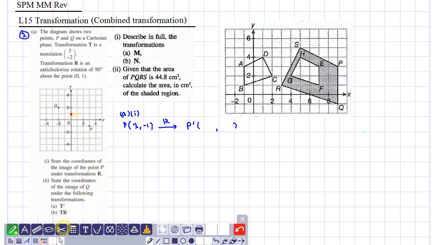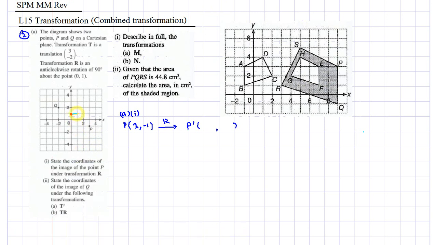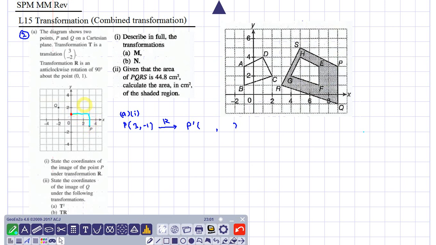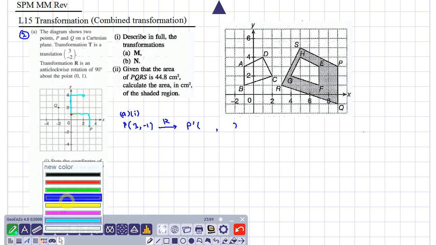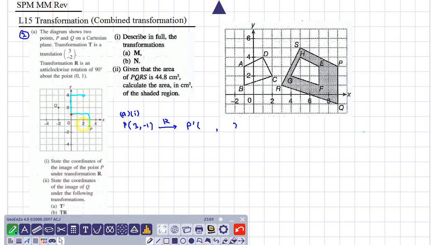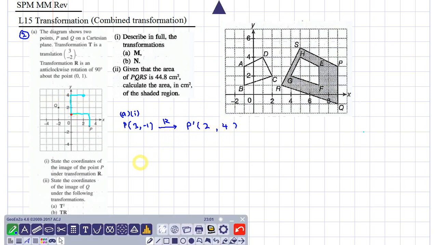Okay, I think I choose another color. Just this one. Okay, 1, 2, 3, 1, 2. This is 3, 2, right? So rotate anti-clockwise 90 degree. 3, 2. It will be 1, 2, 3, 1, 2. Okay, so this will be the image. So the coordinate is 2, 4. Okay, so how about the second one?